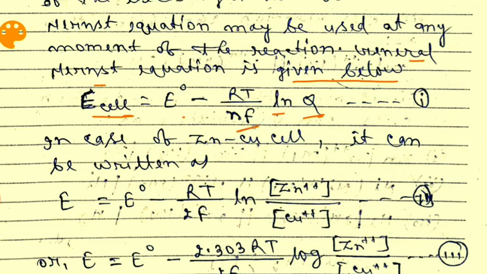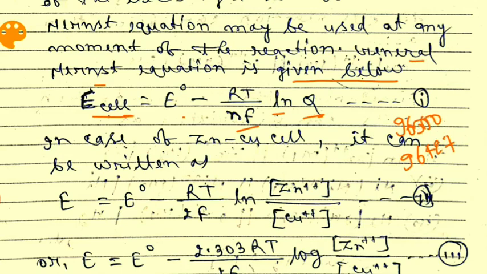1 Faraday is equal to 96,500 Coulomb. Actually, it is 96,487, but for the sake of simplicity, it is written 96,500.